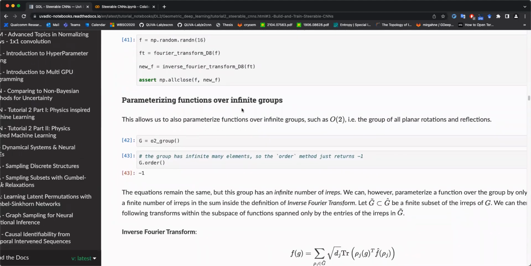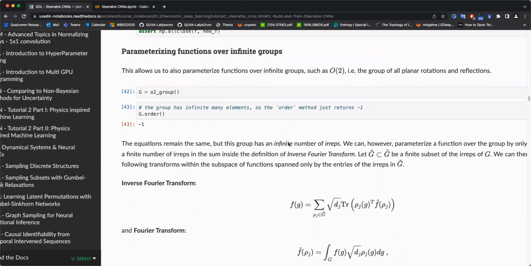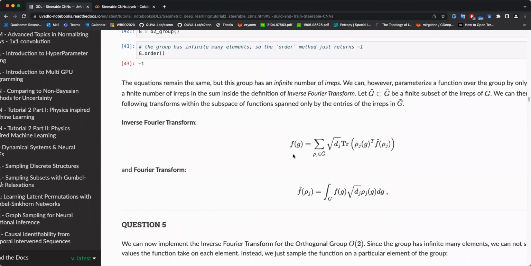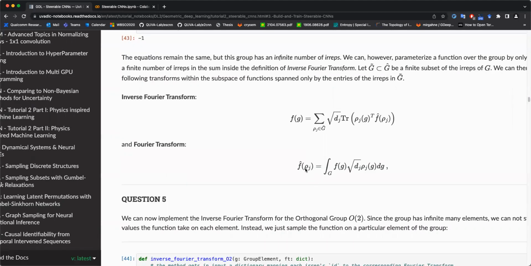This becomes quite nice when we actually use infinite groups, where we cannot really store the regular representation by storing each group element and its own value. But a Fourier transform allows us to, rather than discretizing the function by only evaluating it on a subset of the group elements, discretize it in the Fourier domain by only taking a subset of the IREPs. That's kind of similar to what you do with linear regression.